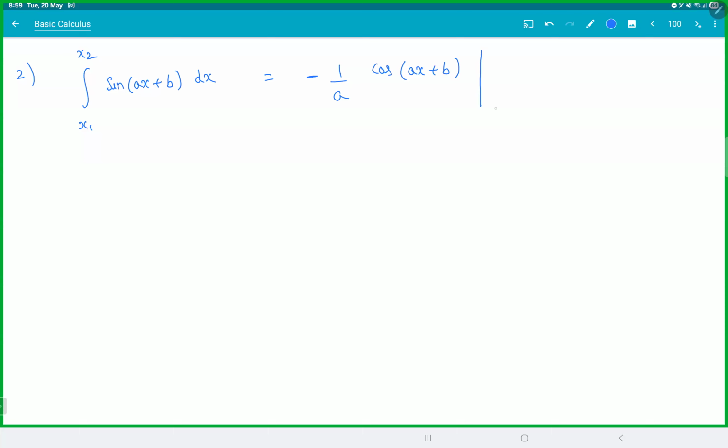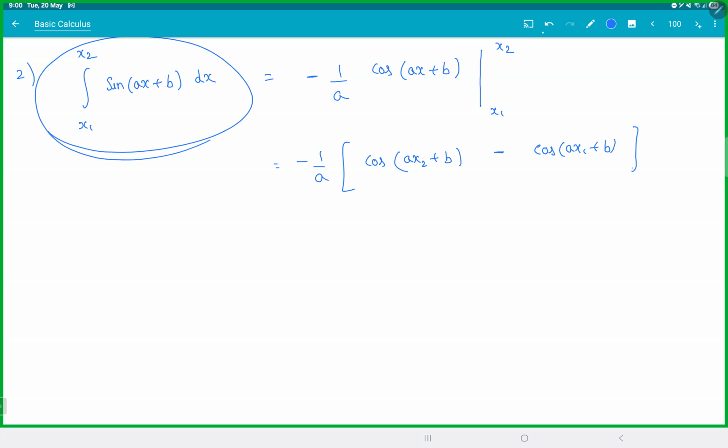Integration is over. Limits are x1 to x2. So if I substitute the values, this will be cos of, first put x2, ax2 plus b. Then substitute x1, cos ax1 plus b, and then subtract them. That is the answer for this.